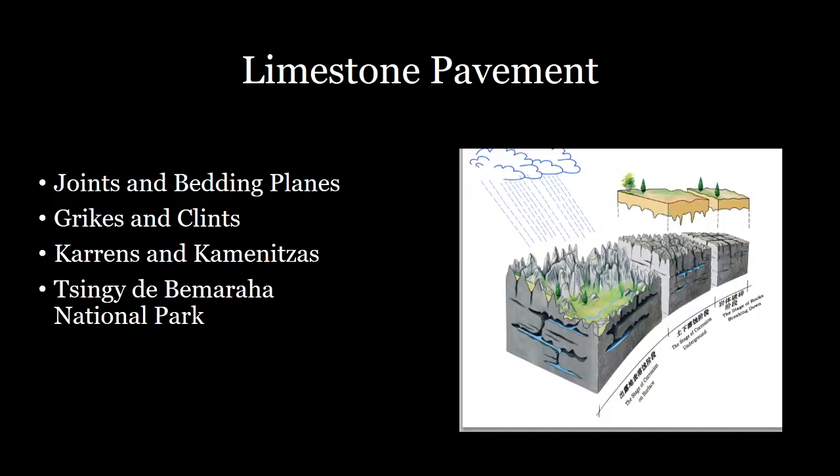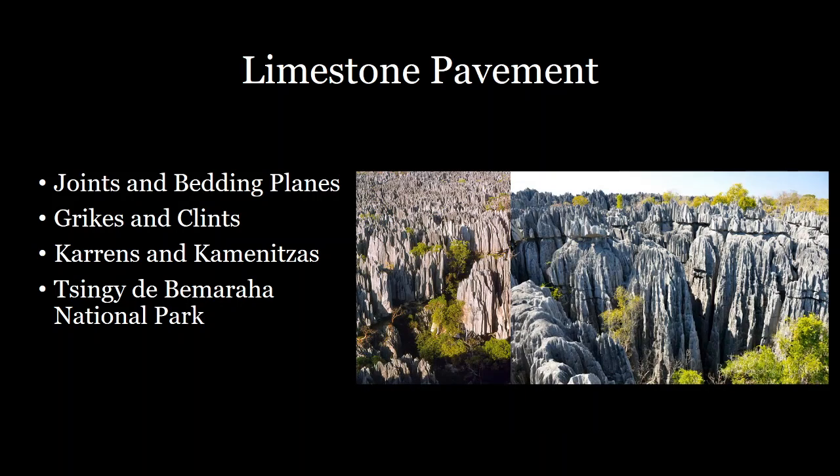Where this type of topography is most extreme is a place called the Tsingy de Bemaraha National Park, probably pronouncing that incorrectly, where we have a really thick limestone layer that's been heavily eroded, and the grikes and the clints have formed these very dramatic features.